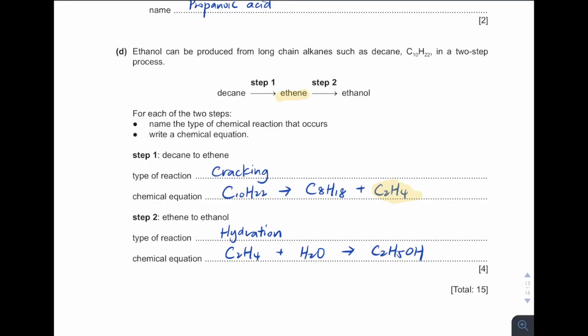So the other product has to be C8H18, as long as it is a balanced equation. Okay, then from alkene to alcohol, it is called hydration. C2H4 plus H2O to form ethanol, with the chemical formula of C2H5OH.